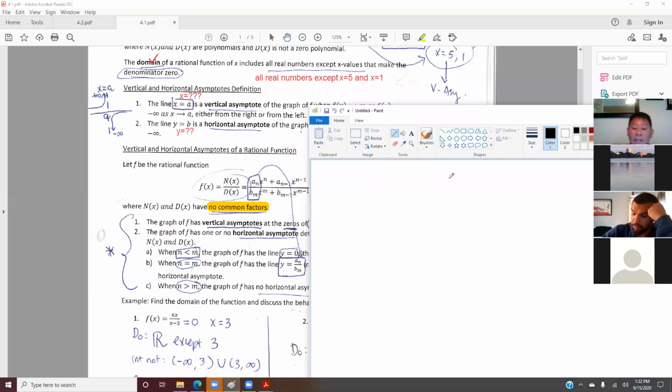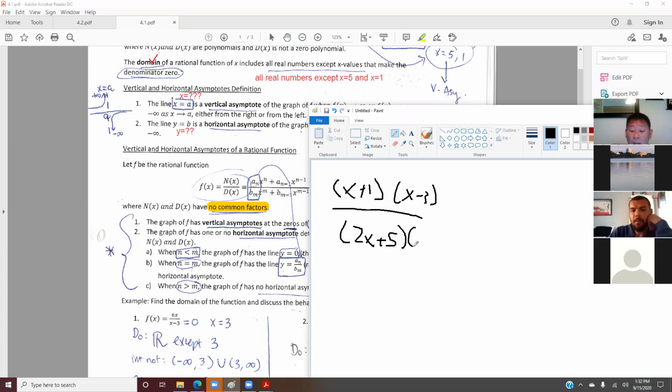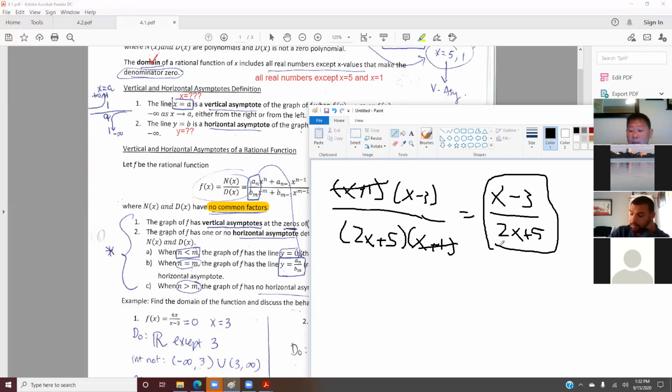If you have something that has been factored, let's say x plus 1 and x minus 3 over 2x plus 5 and x minus 1, you have to cancel common factors out first, before you even do your asymptotes.